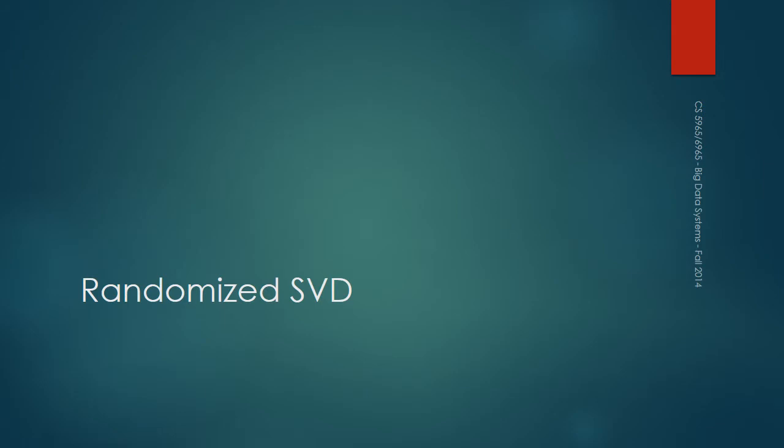So now let's look at randomized SVD. The randomized SVD is related to the standard SVD, but it's for cases where the matrix is so large that the cost of actually computing the direct SVD is going to be too expensive, or you cannot really fit all of it into memory.